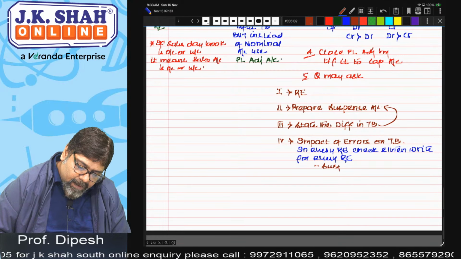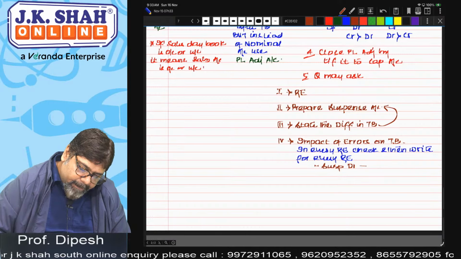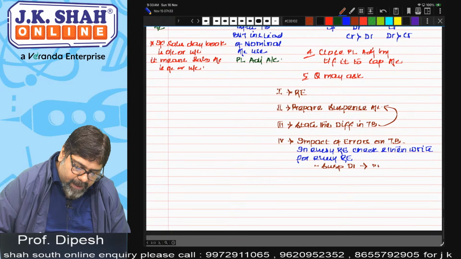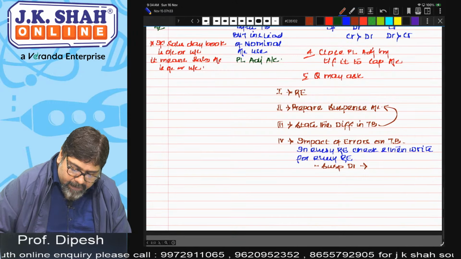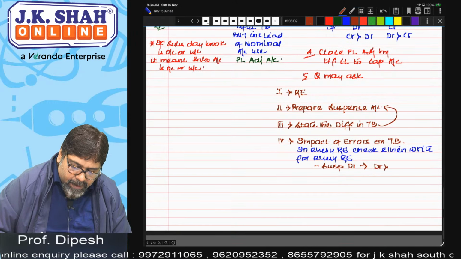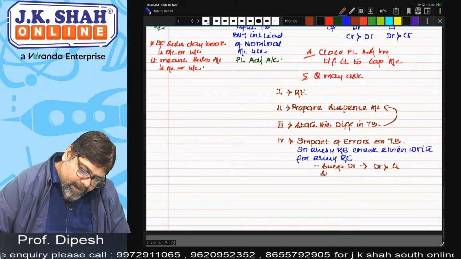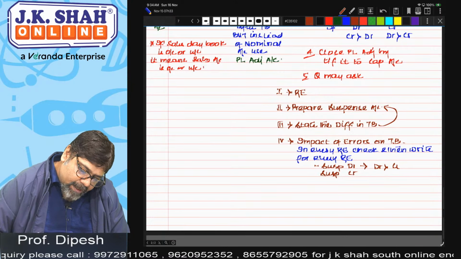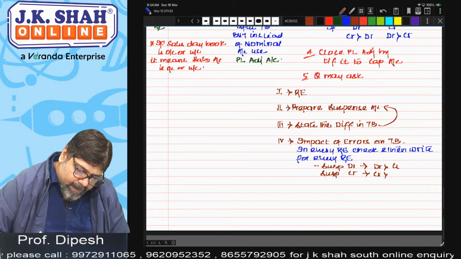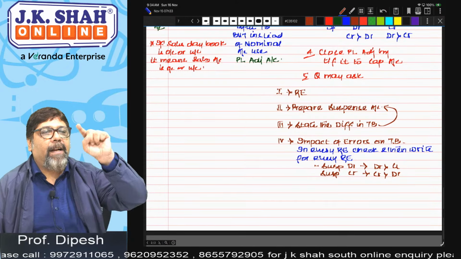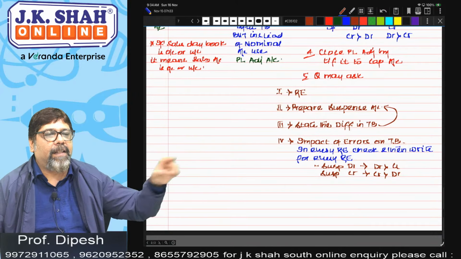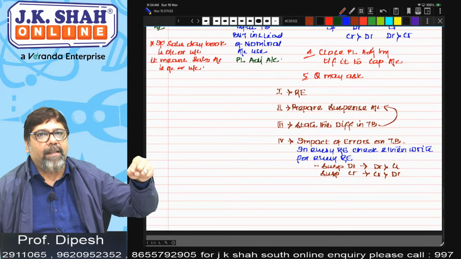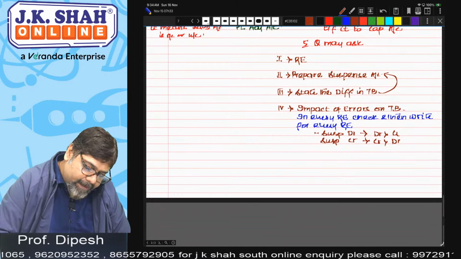Suspense debited means debit is greater than credit. If suspense is credited, credit is greater than debit. For every entry you write. Entry number 1, debit is greater than credit 500. Entry number 2, debit is greater than credit 600. Entry number 3, debit is lower than credit 200. For every entry you write.